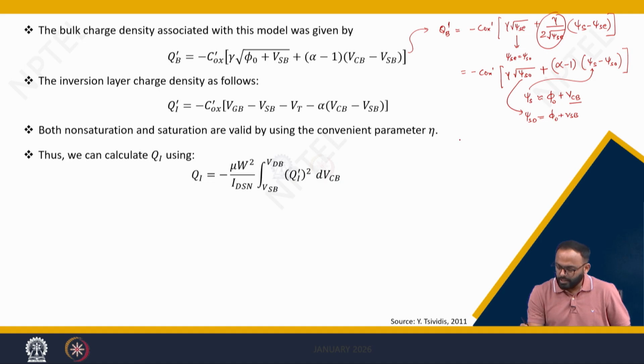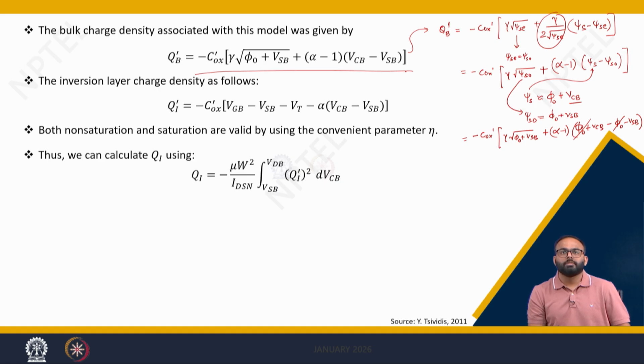So, if we replace these values, we will get Cox' gamma square root of phi naught plus VSB plus alpha minus 1 into phi naught plus VCB minus phi naught minus VSB, where phi naught will get cancelled and ultimately you will be left with this equation.